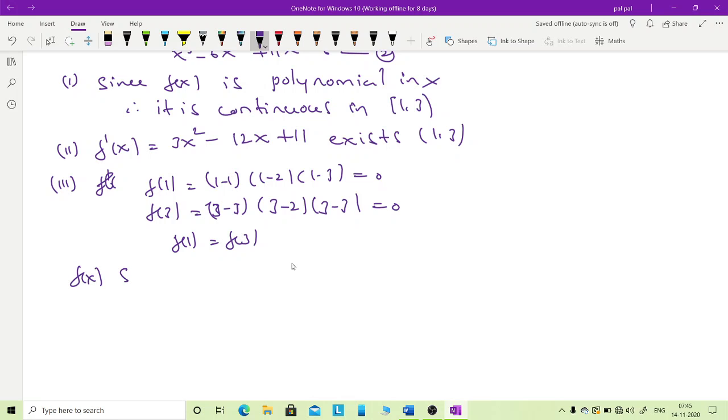F of x satisfies all the conditions of Rolle's theorem.